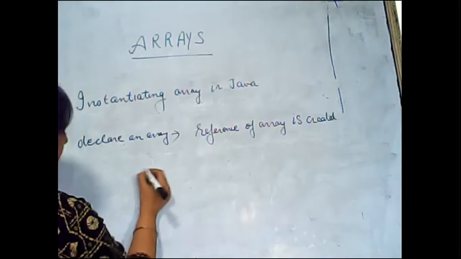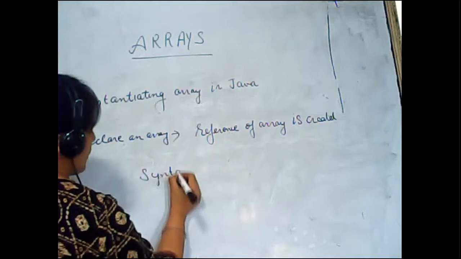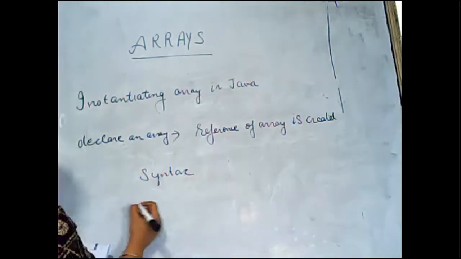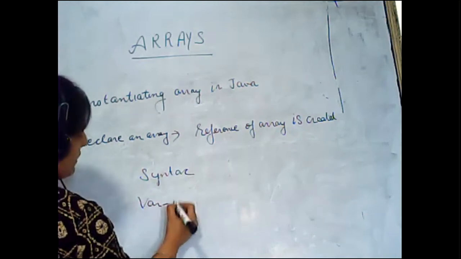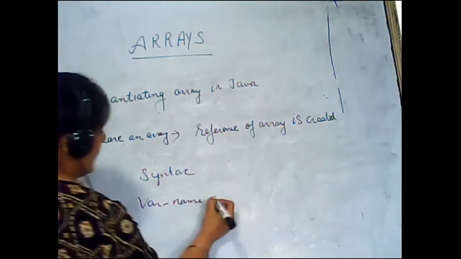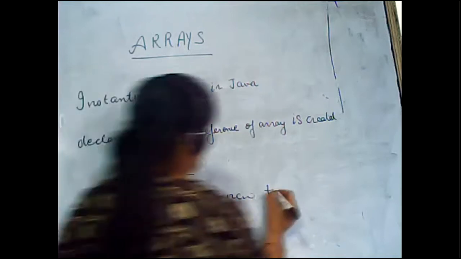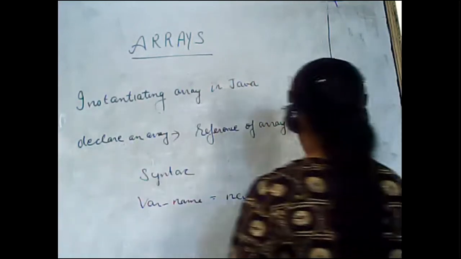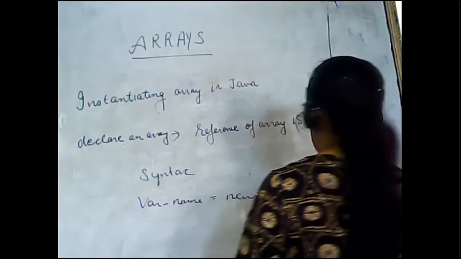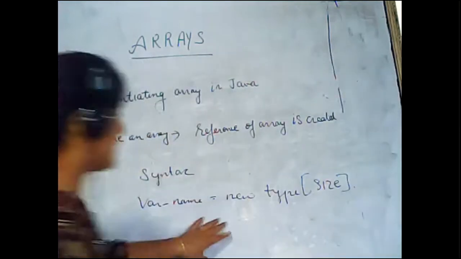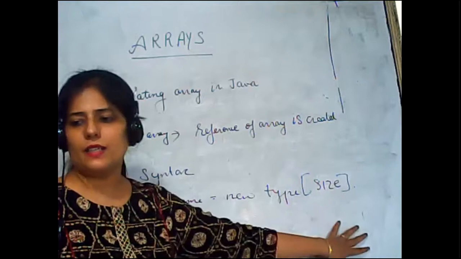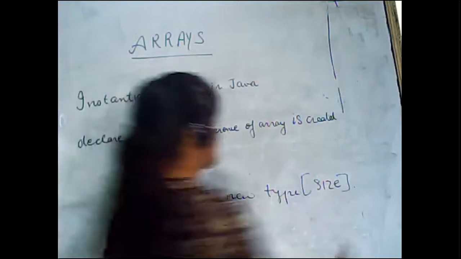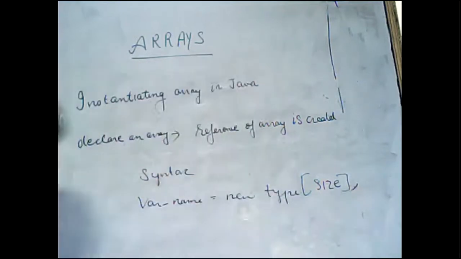So what is the syntax for instantiation that we have already discussed? Here we write the reference variable name equal to new, and the type of the array. You mention your data type over here and then the size. So variable name is equal to new type and the size. This is the way we can instantiate it. Size specifies the number of elements in the array.